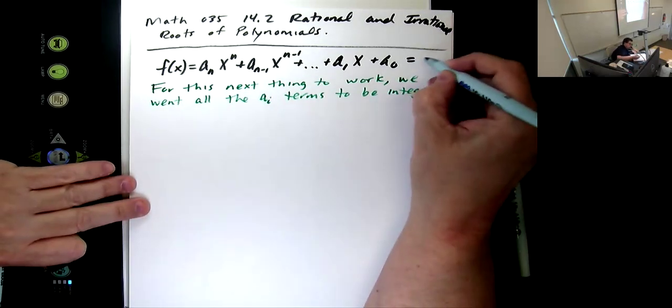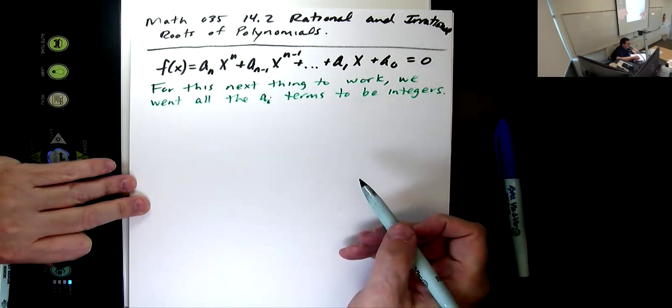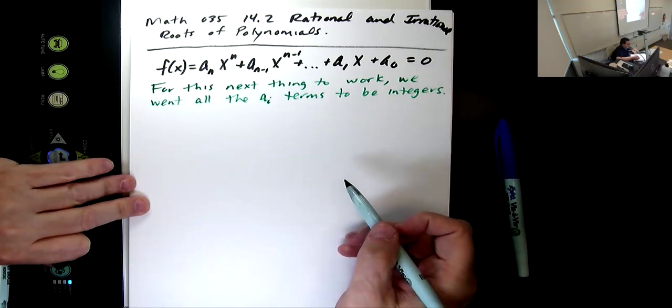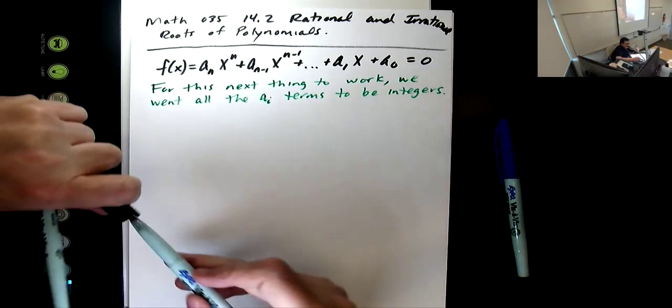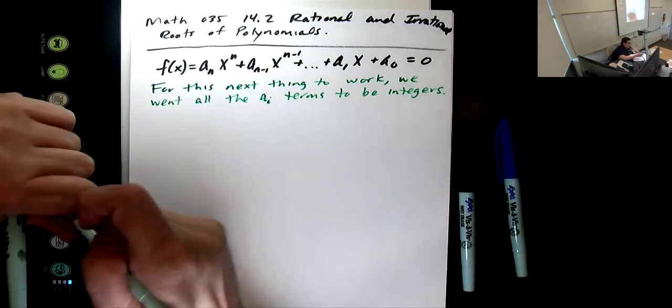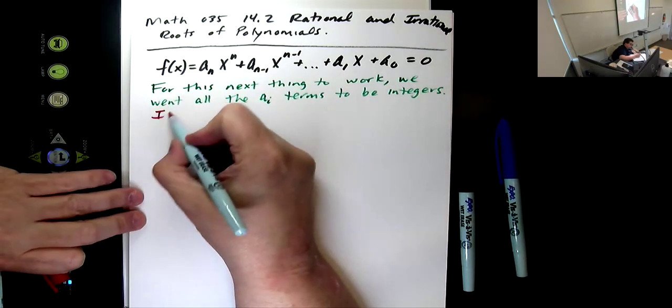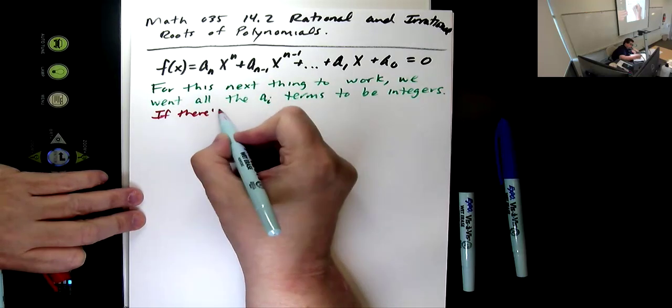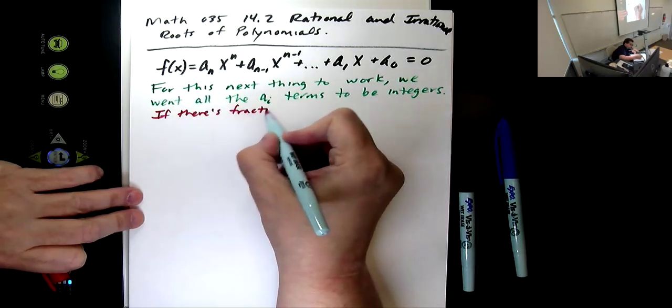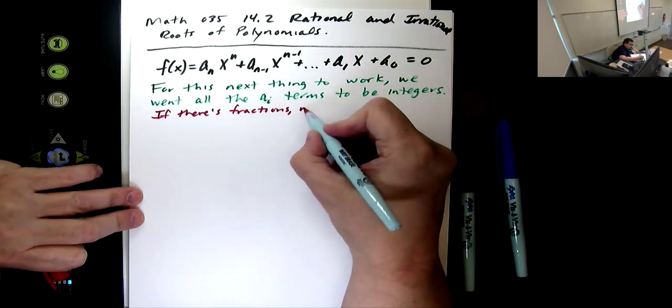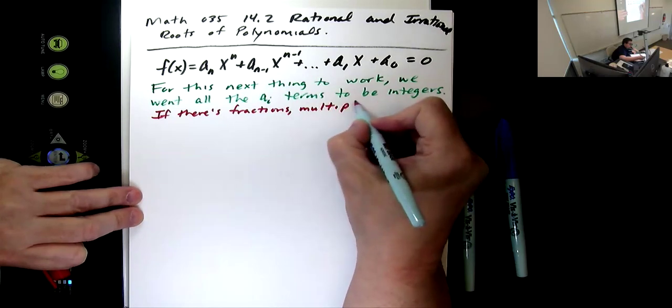And we're looking specifically at finding roots, so this is equal to 0. So if they're not integers, if there are fractions here, multiply through by whatever you need to clear fractions.